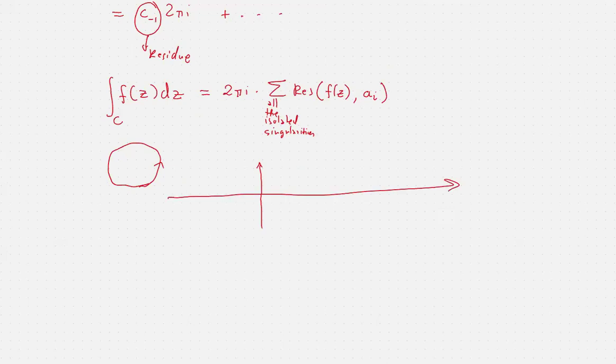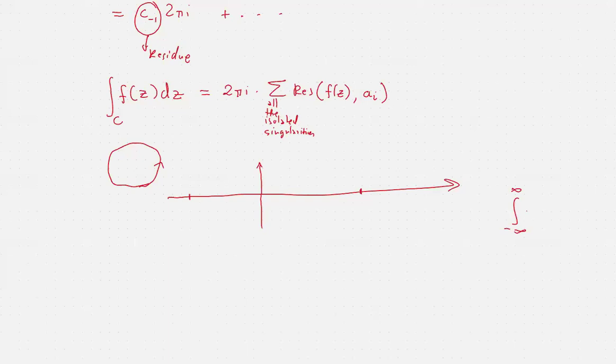So let's say you have an integral from negative infinity to infinity, and you consider the extension of this function on the whole complex plane, and you look at a contour that looks like this, a semicircle.